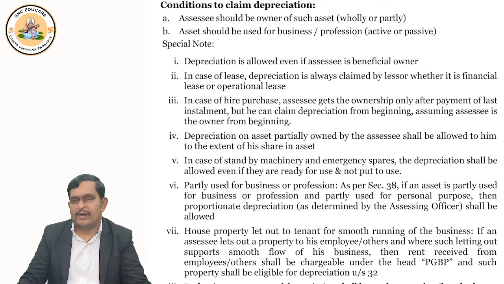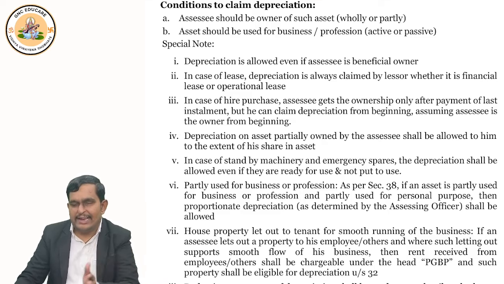Now, the tenant, that is the lessee, will claim lease rent as his deduction while computing income under the Income Tax Act. So depreciation can be claimed by the lessor only. In income tax, the lessor will claim the depreciation. Even though it may be a financial lease, even though it may be a long-term lease, still the lessor only will claim the depreciation.